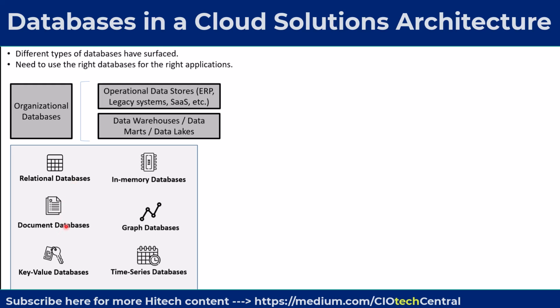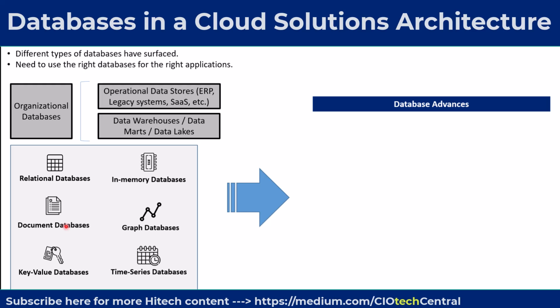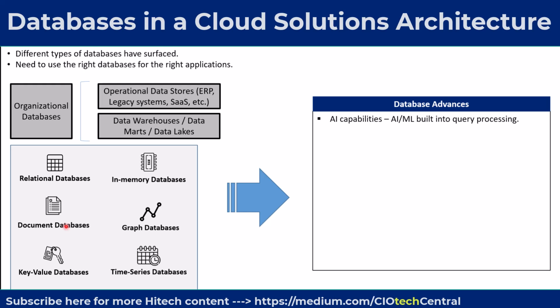So although databases have been around for many decades, they have evolved to cater for the applications of each era. And lately, to cater for the digital and cloud applications, databases have incorporated a number of features. Let's review some of those to help us understand the capabilities of those databases. So, for example, to cater for AI and machine learning use cases, databases are building features and capabilities such as more efficient query processing to help with those use cases.